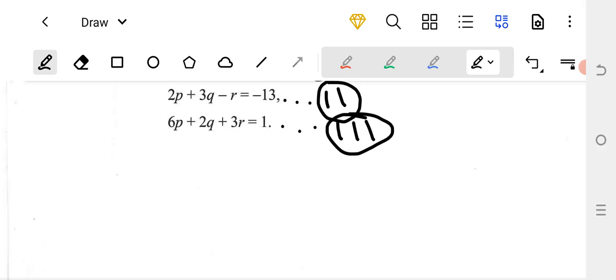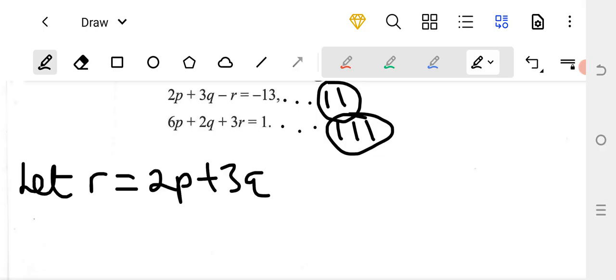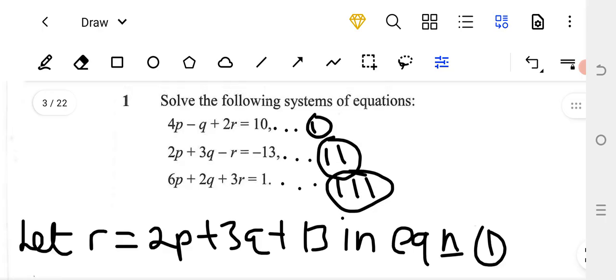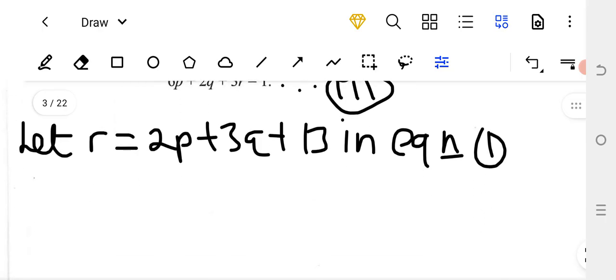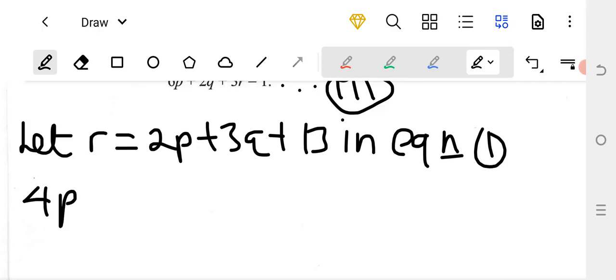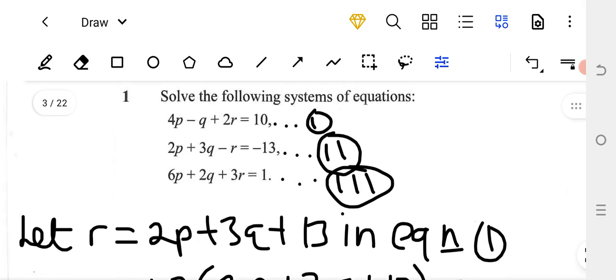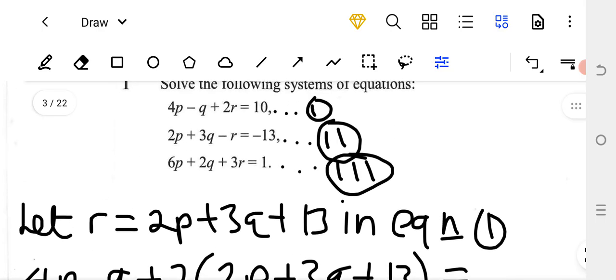We'll start with the statement saying let R be equal to 2p plus 3q plus 13 in equation 1. So 4p minus q plus 2r, which is 2 times 2p plus 3q plus 13, is equal to 10.